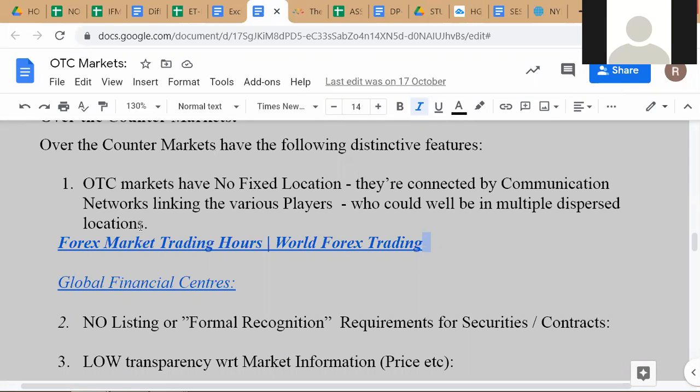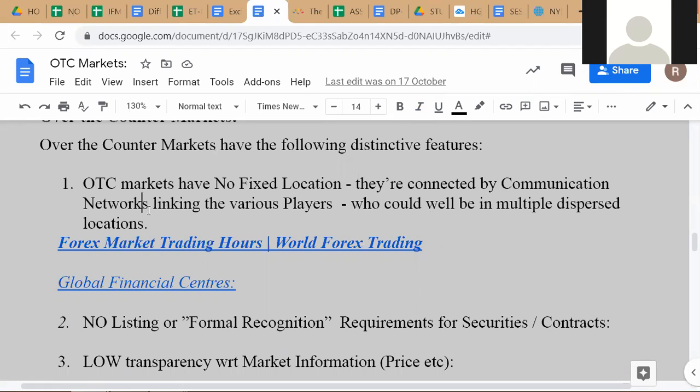The main thing about OTC markets is that there's no fixed location. It's a bilateral trading situation, and the connection is through communication networks. You can think of it like a bunch of people connected through a WhatsApp group; that's also an example of a communication network. Usually, of course, they have much more sophisticated software.